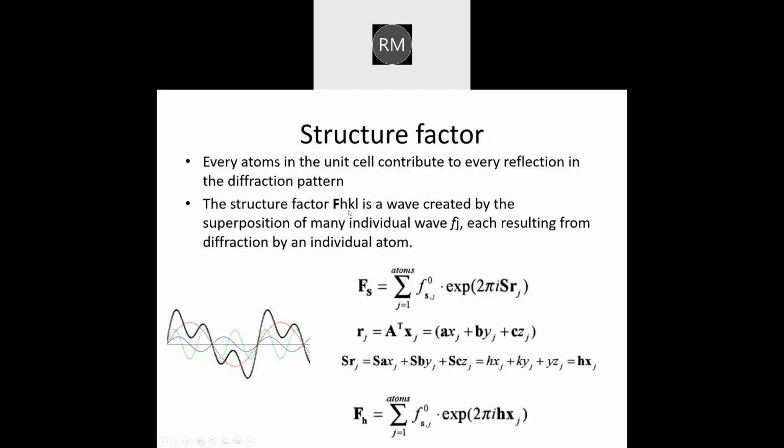Just remember that it is denoted as F(hkl), a wave created by the superposition of many individual waves, that is atomic scattering factors, each resulting from individual atoms. So I will summarize here that one spot in the diffraction pattern is nothing but the contribution from all atoms of the unit cell depending on their positions and intensities.